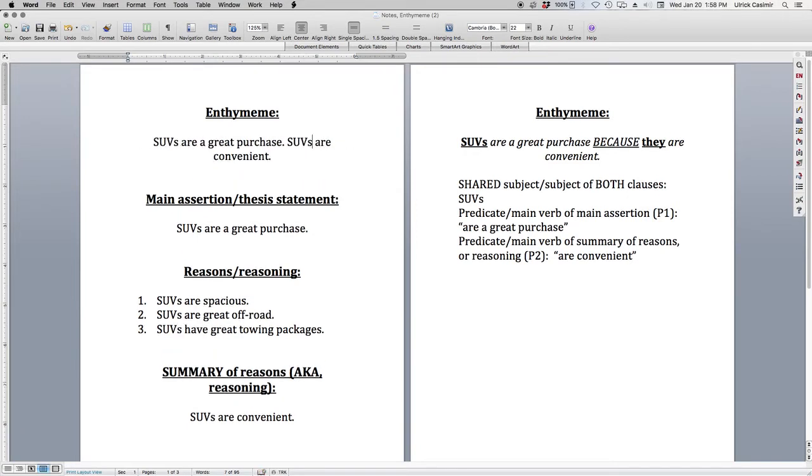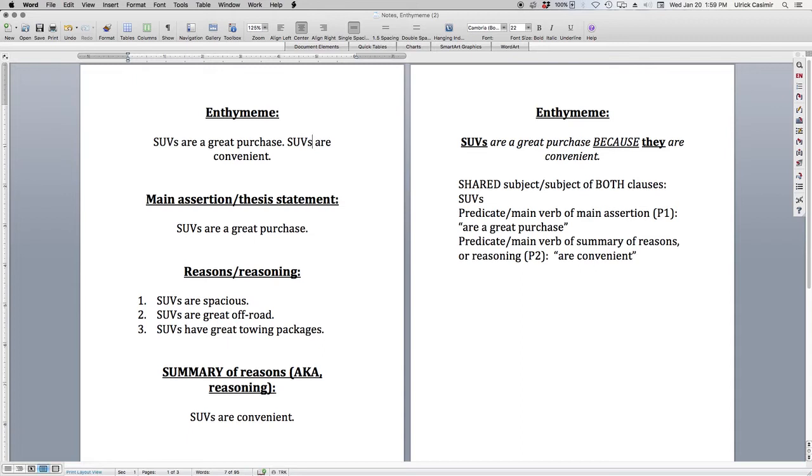You see that what you have are two clauses, right? They're two clauses that are connected by the word because, which is a subordinating conjunction, and that automatically makes that clause not an independent clause, but a dependent clause. If you're a grammar nerd like me, you know exactly what that means. If you're not, then that's okay.